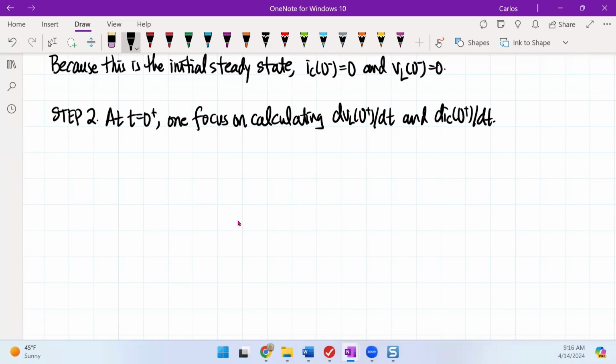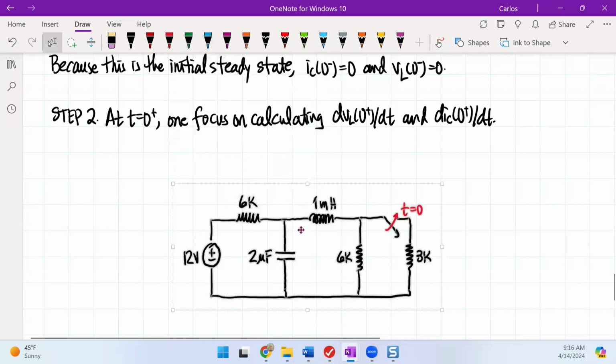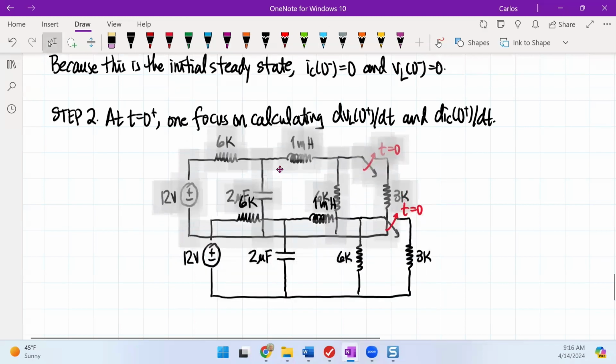And we said before, assume that there are discontinuities.